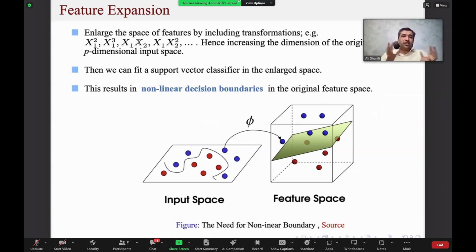So with initial features, we are developing new features such that based on the new set of features, we could find a linearly separable subspace.